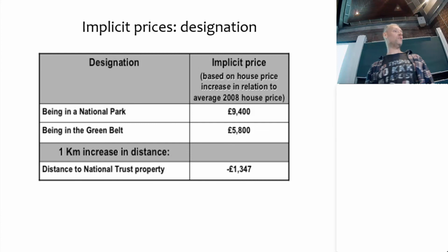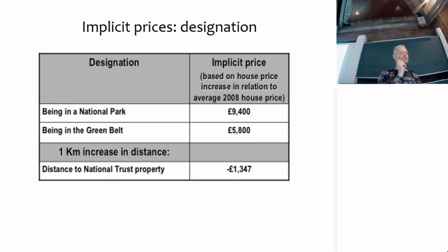Best thing for the value of your house is to be in a national park. So if you can lobby the government to designate your area to be a national park, that means the value of your property has gone up. Similarly, being in the green belt also raises the price of the house.